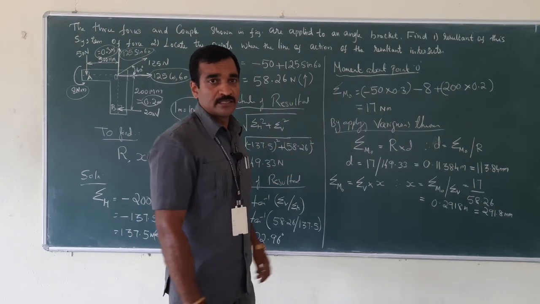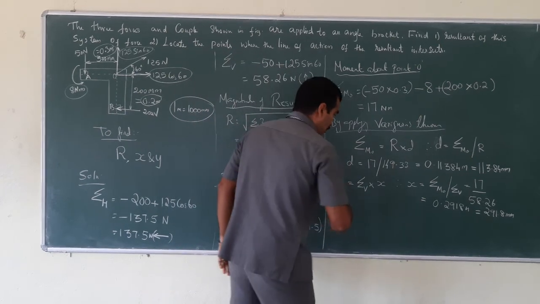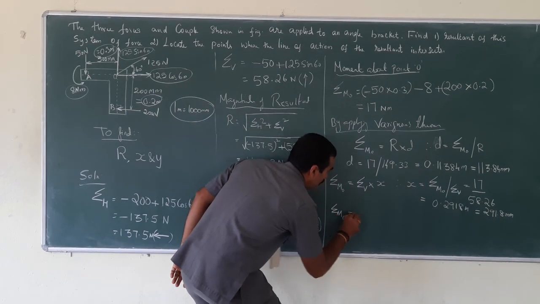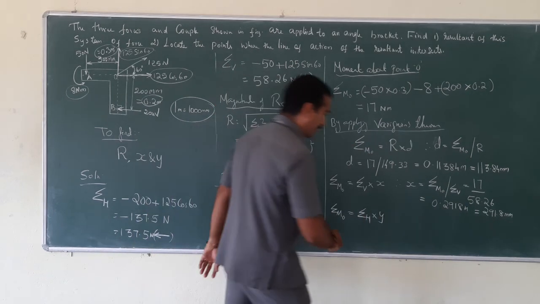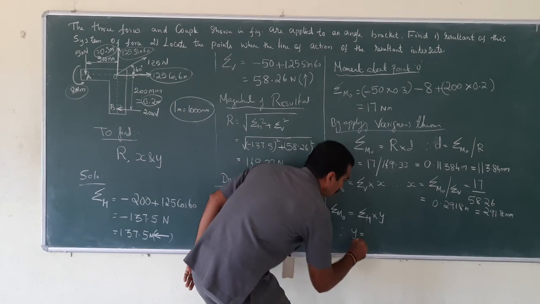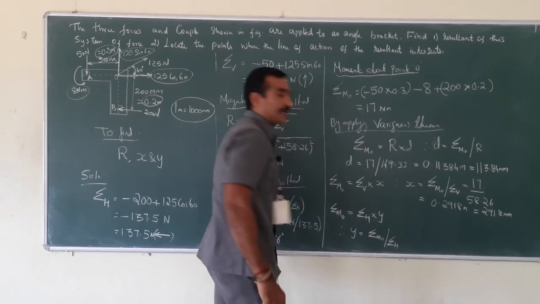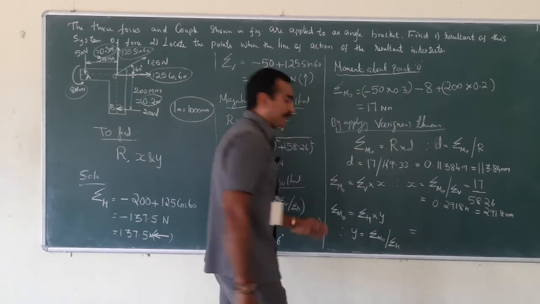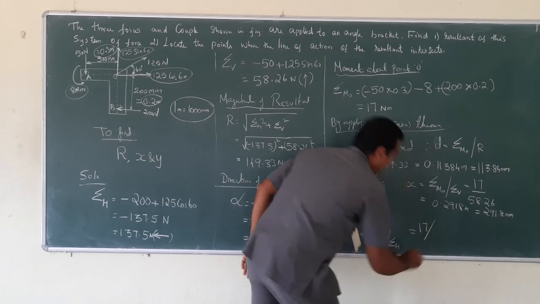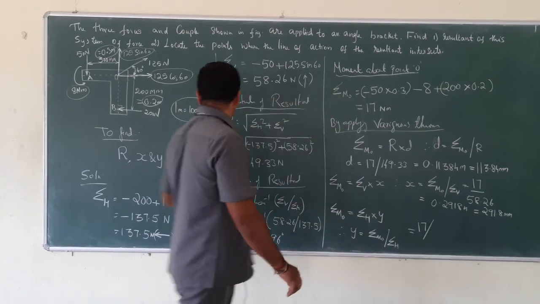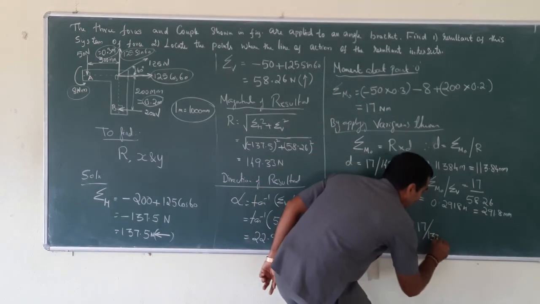What about the y distance? Because this object has x distance as well as the y distance, right? So sum of moment about O equals summation of horizontal forces into its perpendicular distance. Got it? So therefore y equals sum of moment about O divided by sum of all horizontal forces. Now substitute the sum of moment, which is 17 Newton meter, 17 divided by sum of horizontal forces, which is 137.5.